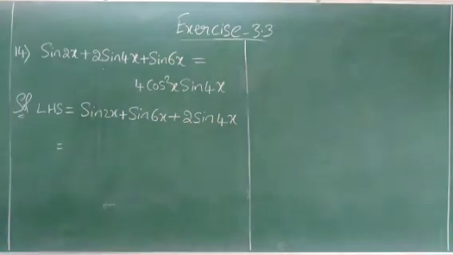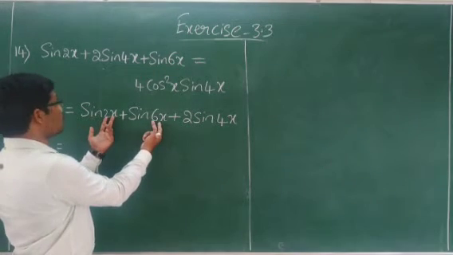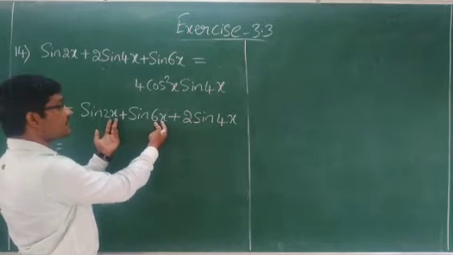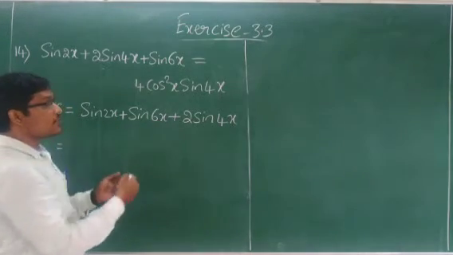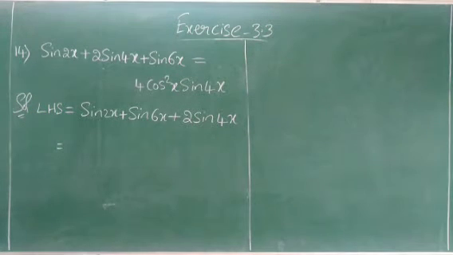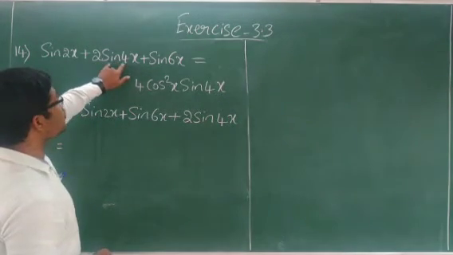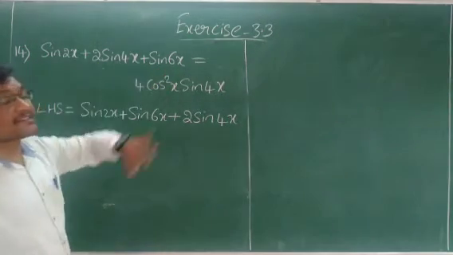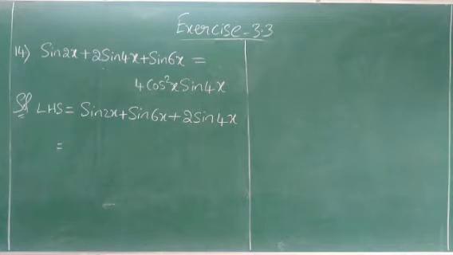I will just rearrange the terms, because when I add these two, 2x plus 6x I get 8x, 8x by 2 will be 4x, and I will get this term. Without rearranging also you can solve, but you need to write this 2 sin 4x as sin 4x plus sin 4x and then solve it. So instead of that you can just rearrange the terms.